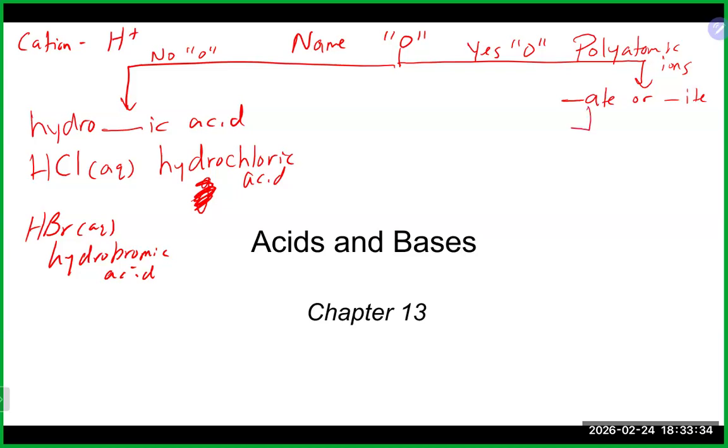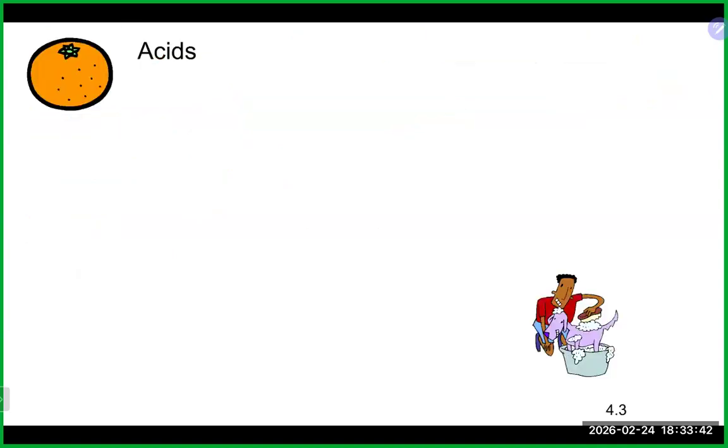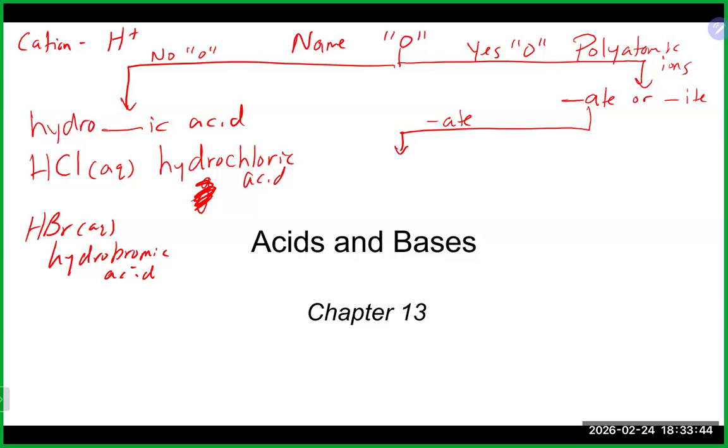If your acid has a polyatomic ion with oxygen, which are sometimes referred to as oxyacids because they contain oxygen, if your polyatomic ion ends with ate, then it is something ic acid, like HNO3.